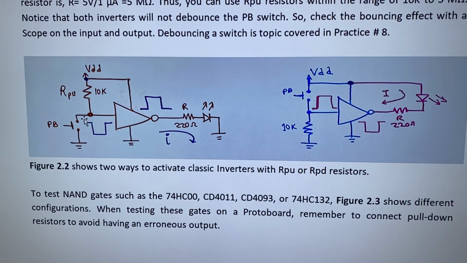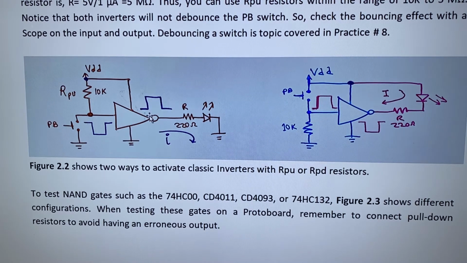When you press the switch, you have a 0 right here, so the output is logic 1. That will turn on the LED, the light emitting diode, and there will be a current. This resistor is for limiting the current to avoid damaging the LED, because they work from 2 to 3 volts, depending on the color.